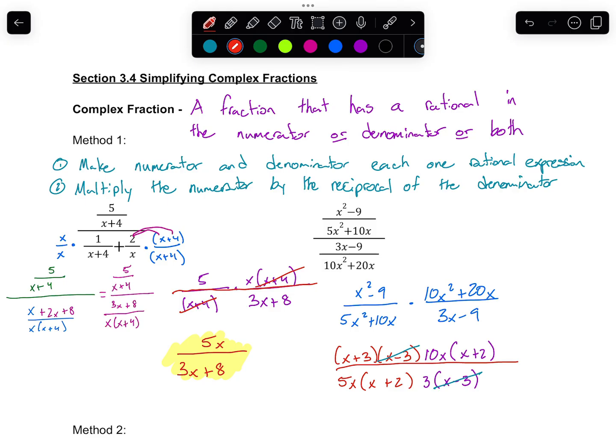I have an x plus 2, x plus 2. I have an x and an x, as well as this 10 over 5 would just simplify to be 2. So when all is said and done, it's going to simplify to be 2 times x plus 3 over 3. That will be our solution there.